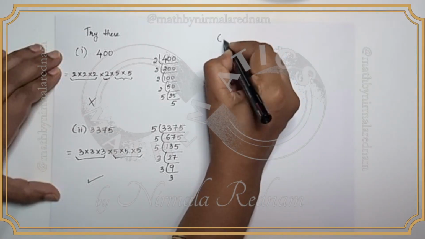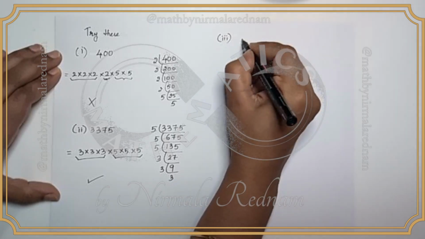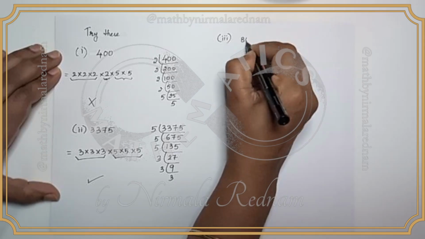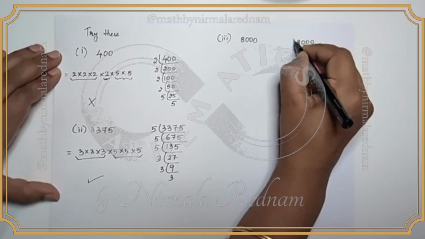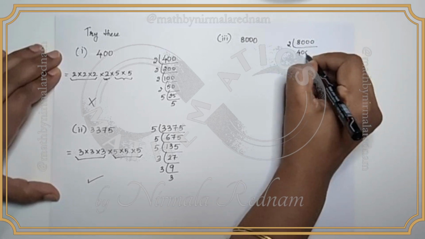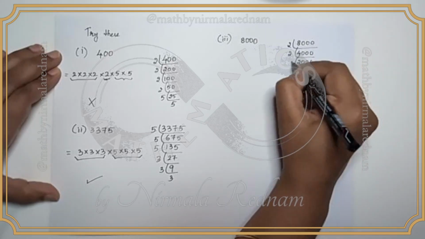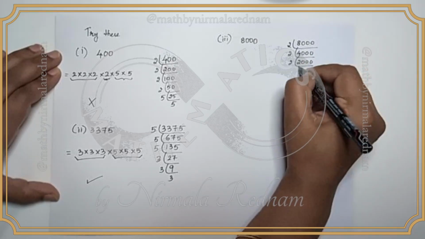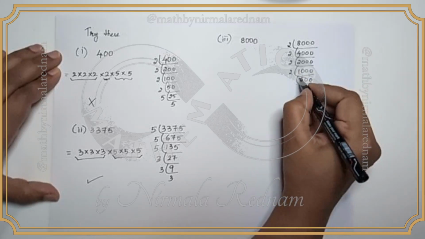Next, let's go to the third number they have given, 8,000. So if I have to factorize it, I'm going to start with 2. Okay, it's a big number. It's going to be lengthy. In a while, I'll tell you how to make sure that you don't spend too much time on this factorization.